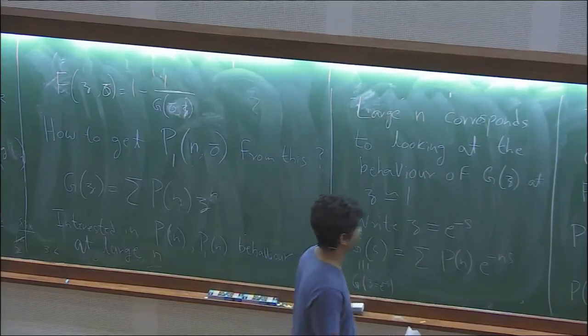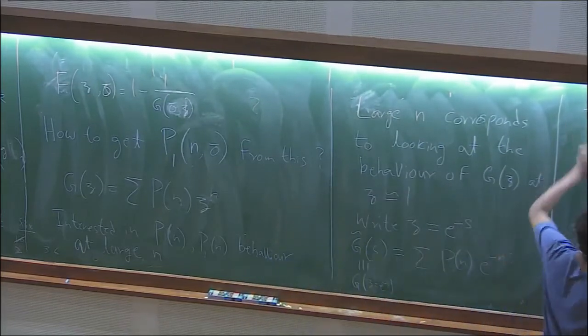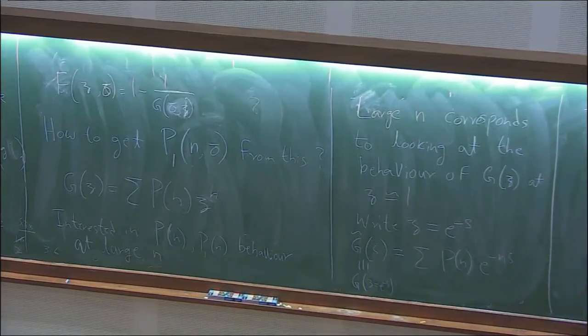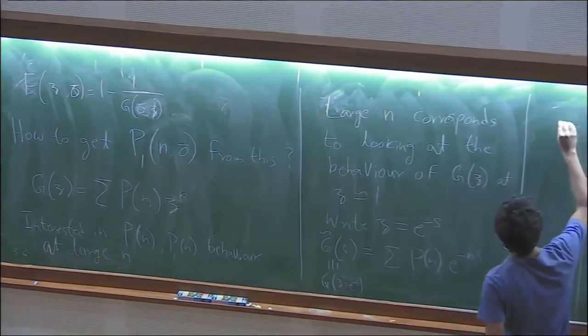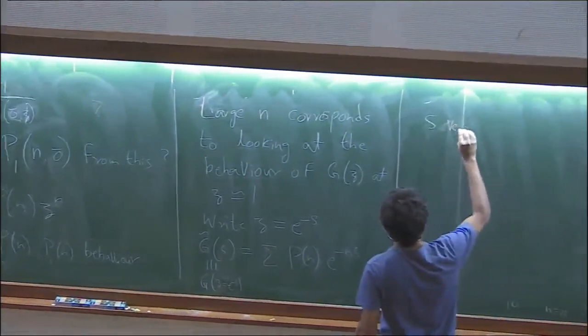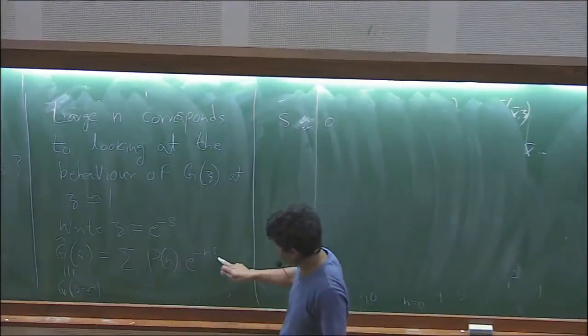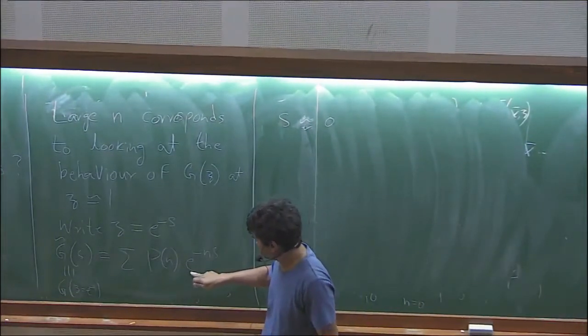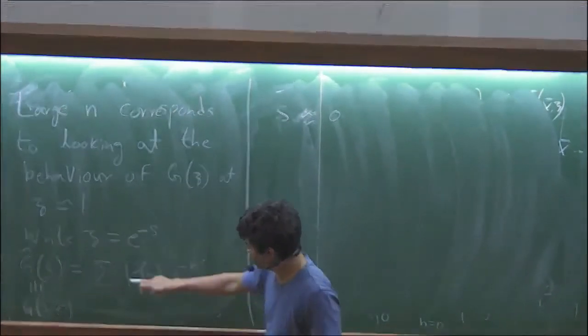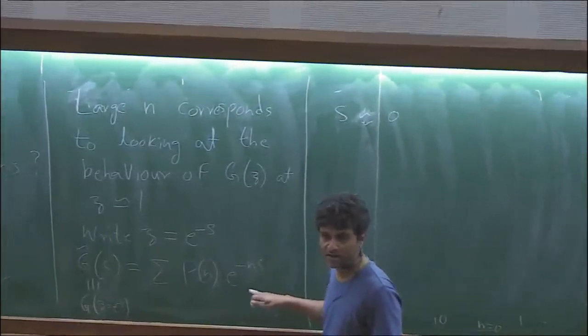Okay, no, sorry, what am I saying? So if s is very small, let's say s is close to 0, then it's clear that in this summation you have to take a large number of terms, right?